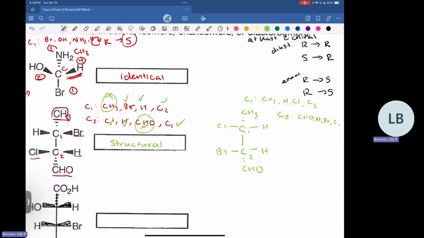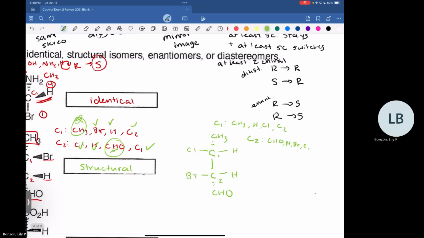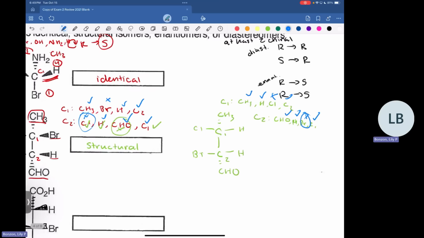So now if we do the checklist, carbon 1. Okay, so carbon 1, we have a CH3, we have a hydrogen, we have C2, but now the halides don't match. Carbon 2, we have a CHO, hydrogen, carbon 1, and again, the halides don't match. So this one, even if you flip it, it's still going to be structural. So for sake of time, I'm going to go ahead and move on.